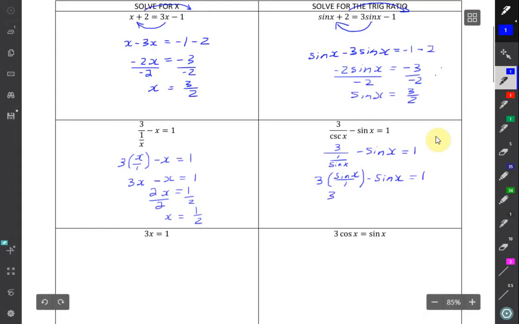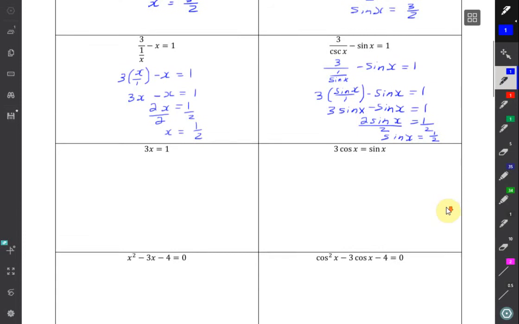Simplifying, this is 3 sine x minus sine x equals 1. 3 sine x minus sine x leaves us with 2 sine x equals 1. Dividing both sides by what's in front of the trig ratio, which is 2, leaves us with sine x equals 1/2. Hopefully you can see the next step of these is going to be to use our skills with trig ratios and solve for the actual angle x.